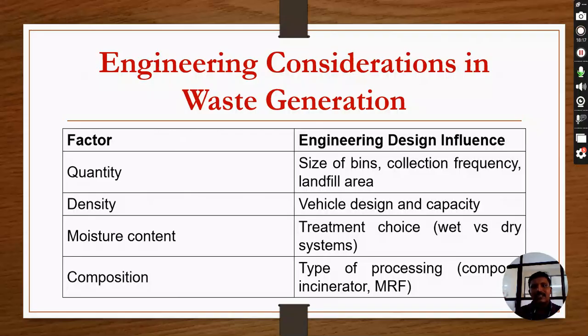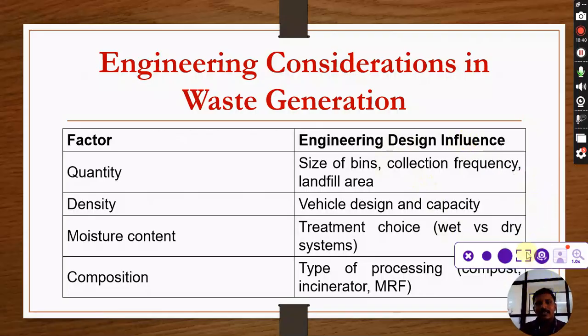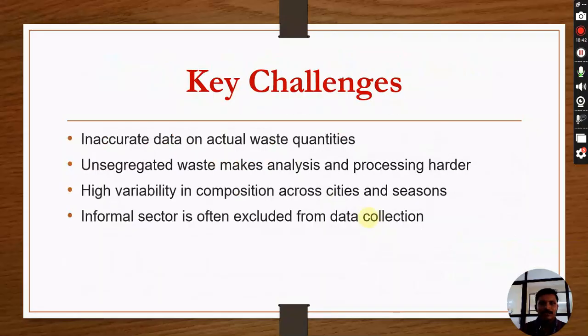Density affects vehicle design and capacity. Moisture content affects treatment: biodegradable waste goes to composting or vermicomposting, or if a dry portion is present, combustion methods are applied. Composition determines the type of processing, like compost, incineration, or material recovery facilities.